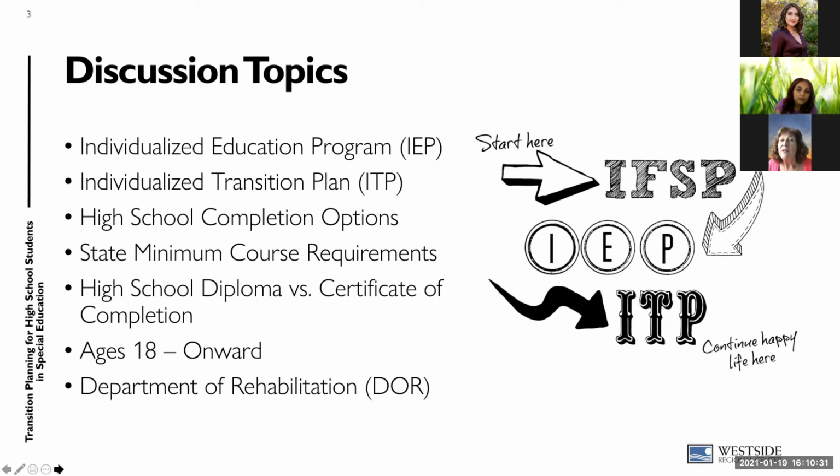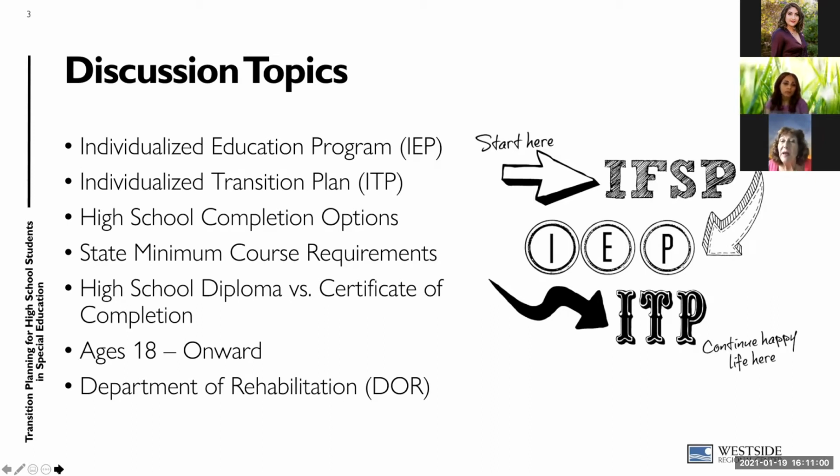The other thing we'll be talking about is the high school completion options. What are the number of credits? What are the minimum classes? What does a core curriculum look like as opposed to an alternative curriculum? On the core curriculum, you get a diploma, and on the alternative curriculum, you receive a certificate of completion.